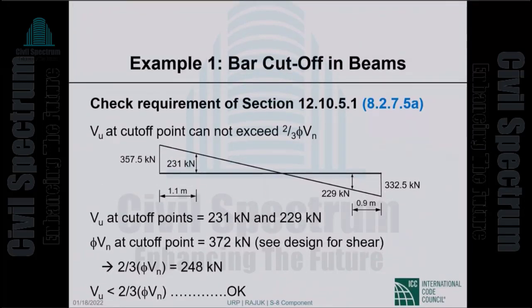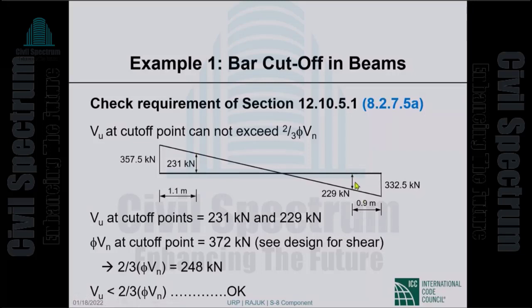So V sub U at cutoff point cannot exceed 2/3 phi times V sub N. V sub U at cutoff point was, so cutoff point, remember, is 1.1 meters from the left face. And on that location, the V sub U is calculated as 231 kilonewtons.